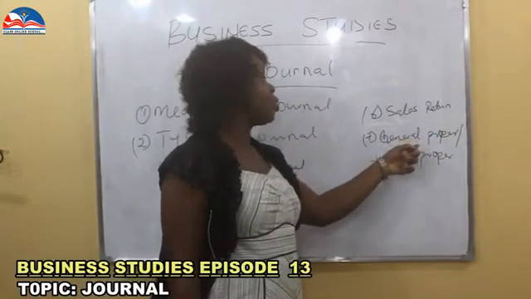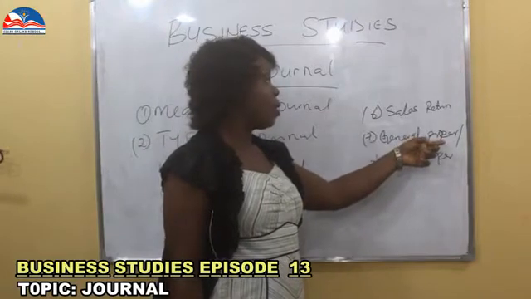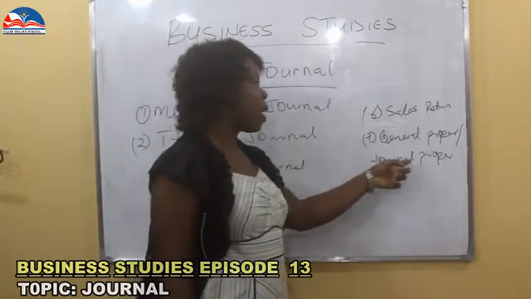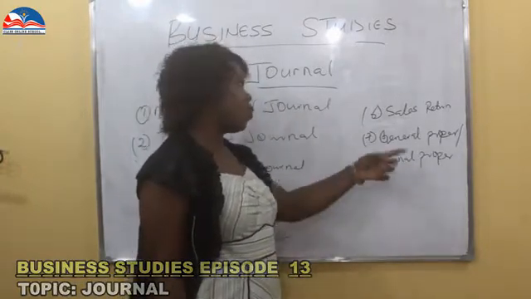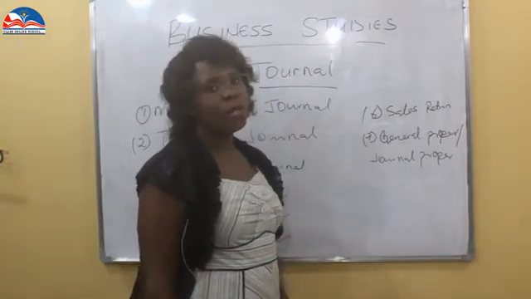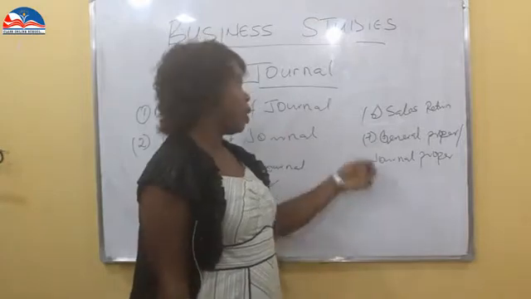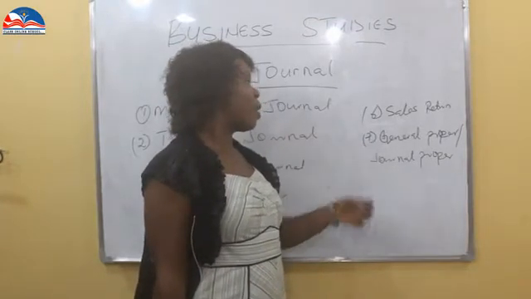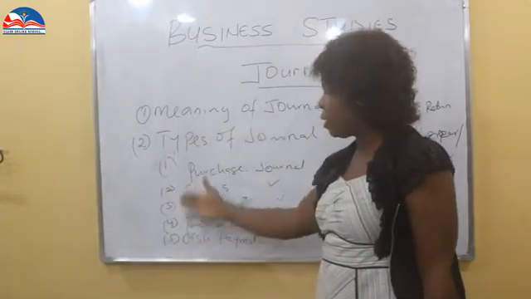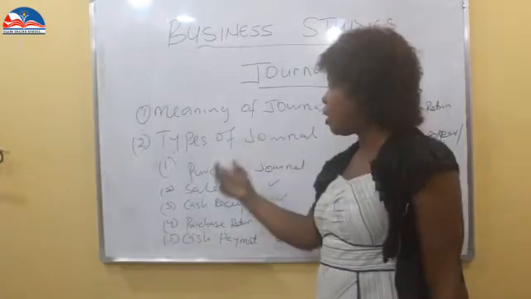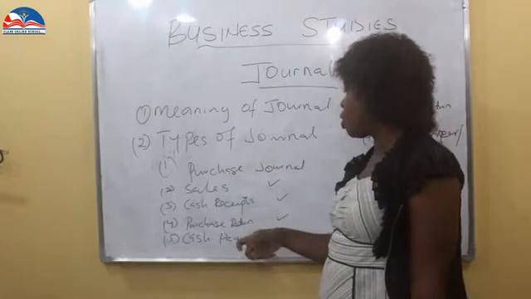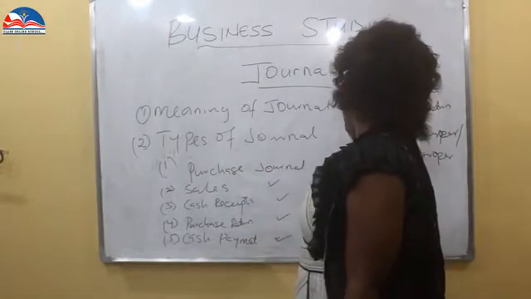Having noted the difference between sales and purchase return, we go to the number 7th one, which is general journal, or we talk about journal proper. So it's either referred to as general journal or journal proper. Whichever one it is called, it is correct. The general or journal proper covers all transactions that did not fit into any of these 6: the purchase, the sales, the cash receipts, the purchase return, the cash payment, and the sales return.